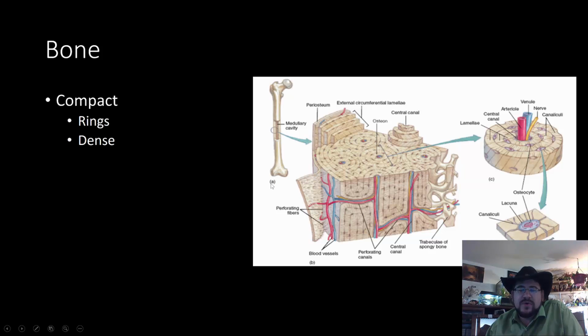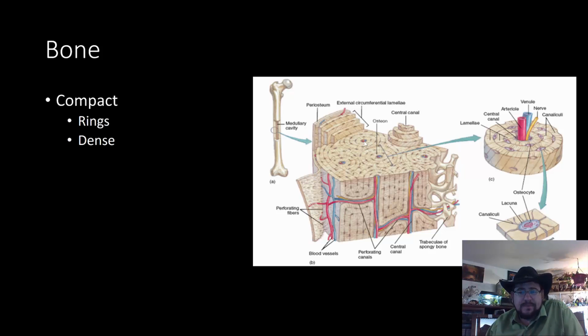This is a femur right here. It connects to your pelvis up here, and then this is the surface that connects to your knee. So we can take a little cross-section of the femur and find that the shaft has a lot of compact bone to provide it the strength it needs to resist gravity and shock when moving.